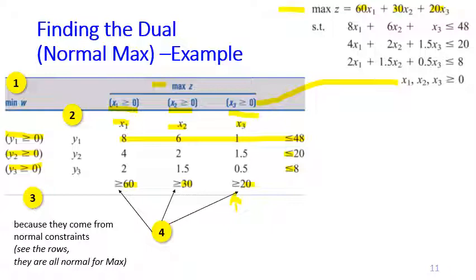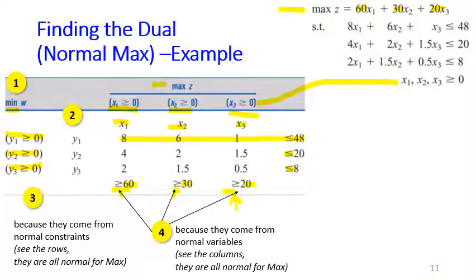The sign restriction x1, x2, x3 are all greater than or equal to 0. So our dual constraints also have normal signs. For the minimization case, the normal sign for the constraints is greater than or equal to. So we write down here greater than or equal to, because they come from normal variables.